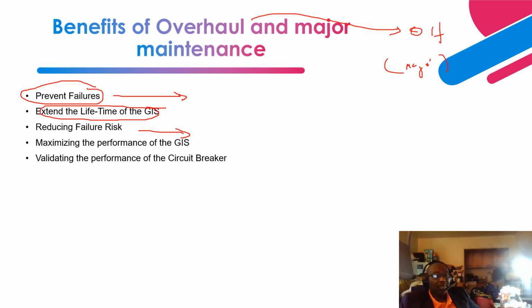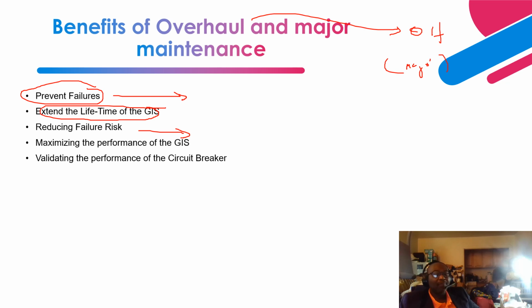Next is reducing the failure risk. As you implement the maintenance, you are preventing an in-service failure of the GIS. A typical example is PD activity due to the SF6 gas. If you have that, then your GIS is bound for failure.